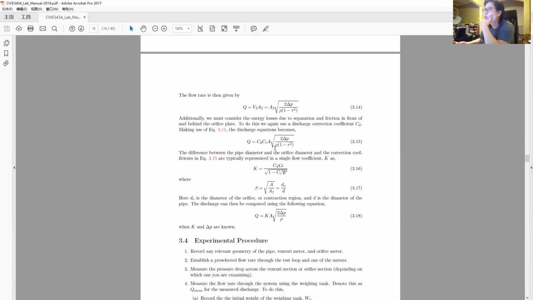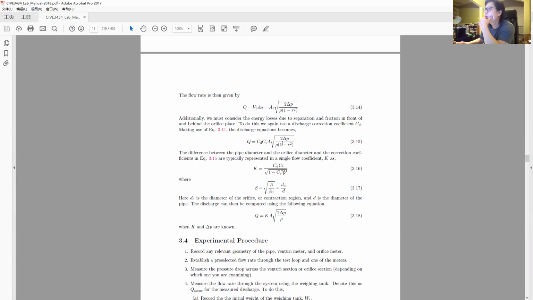From this equation, we introduce a new flow coefficient because that's too complicated. We just want to use one coefficient K. This K includes CD, CC, and also this part.